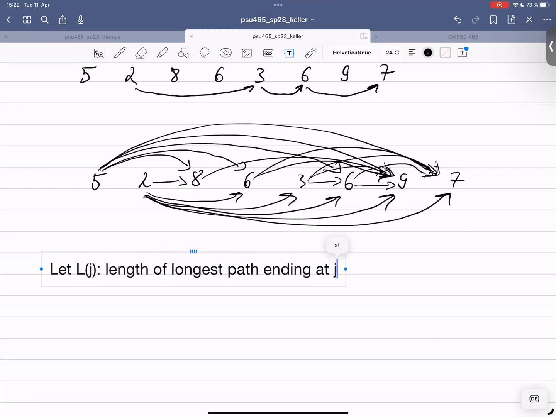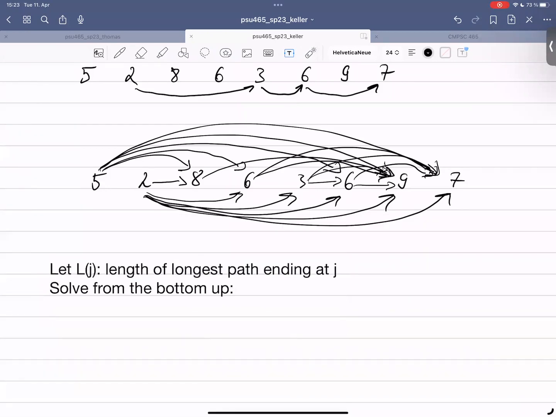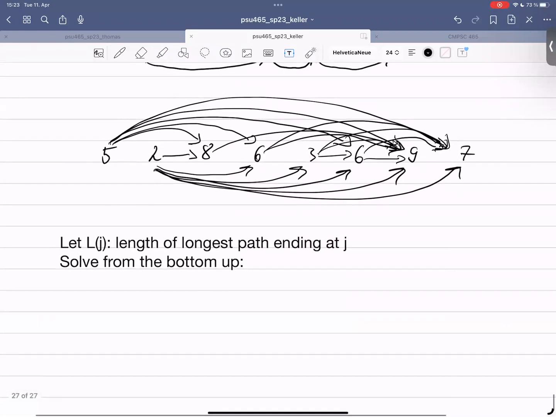And we said that we want to solve this bottom up, meaning in this case from left to right. In our usual pseudocode notation, it means that we have to iterate through numbers from left to right, from 1 to n.